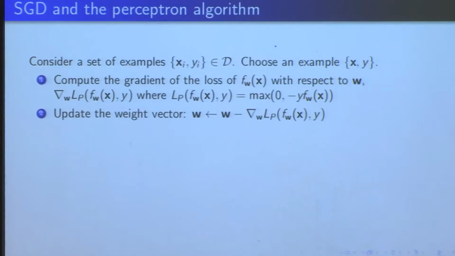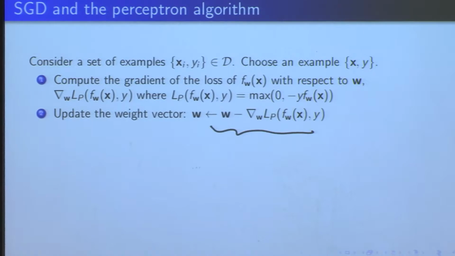You can convince yourself that this is indeed the case by computing the gradient. The gradient of y times f(w,x), if that turns out to be the max component, is just x with respect to w, and it's minus x, but since you are doing descent, you can verify this quickly.